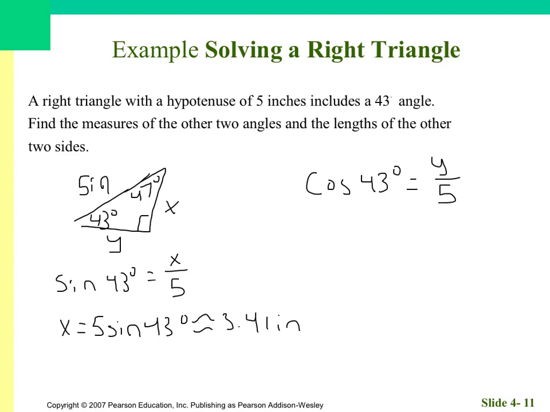You should always use the given side, don't go tangent. Cosine, so this would be 5 times the cosine of 43 degrees equals y. So you do 5 cosine of 43, and it would be approximately 3.66 inches. Let's see if we made any mistakes or didn't.